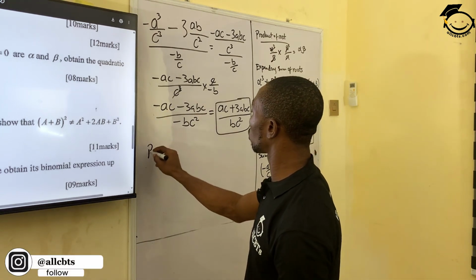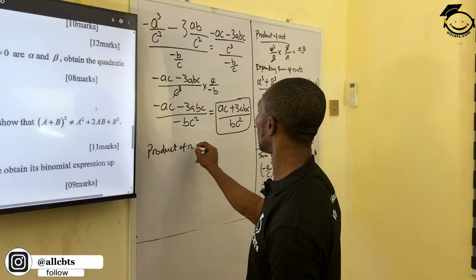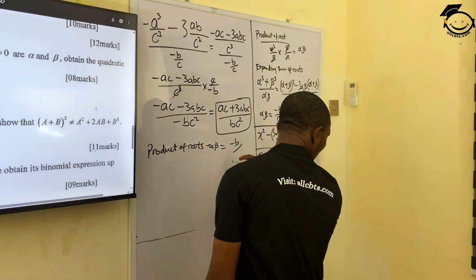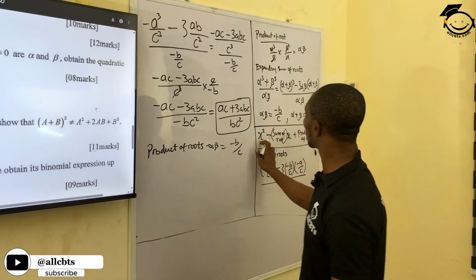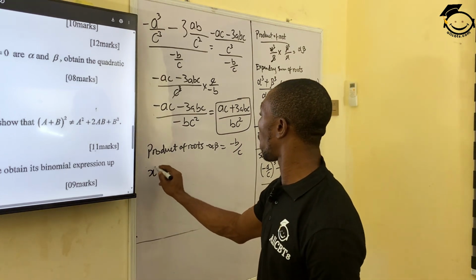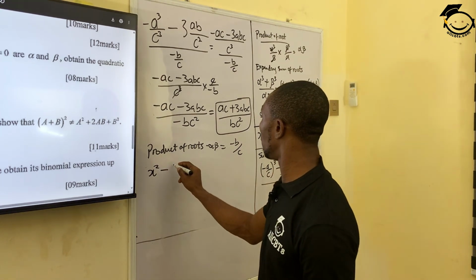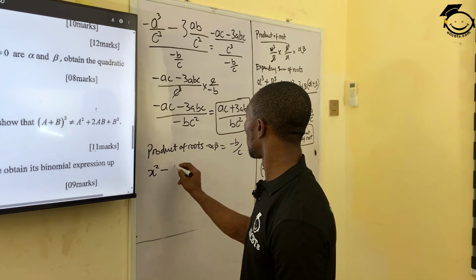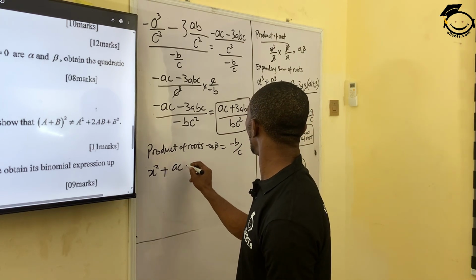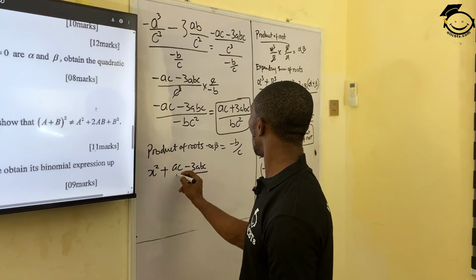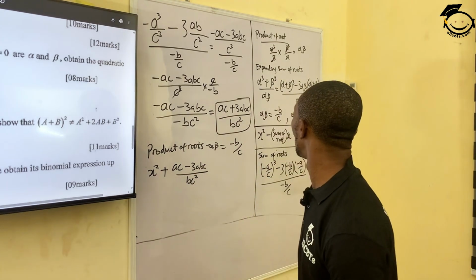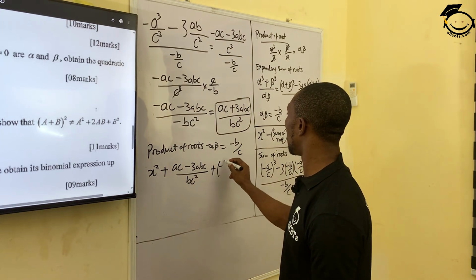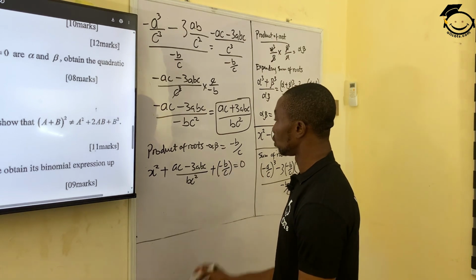Now, looking at our product of roots, which is alpha beta, which is giving us minus B over C. All right, now back to this equation where we have x squared minus sum of roots, which is giving us AC plus 3ABC all over BC squared, plus our product of roots, which is minus B over C, equals 0.